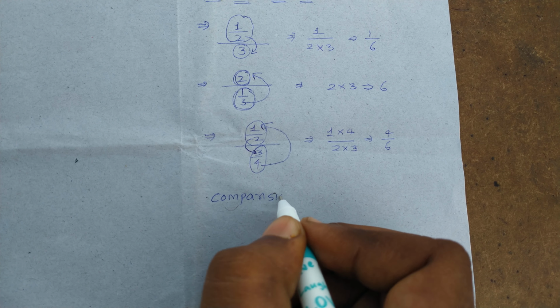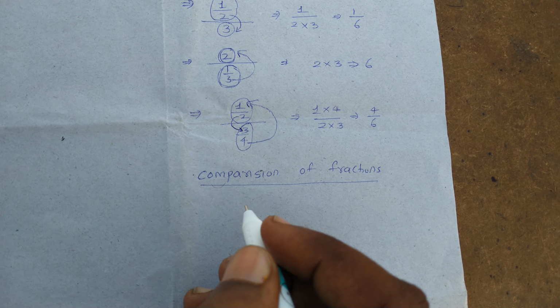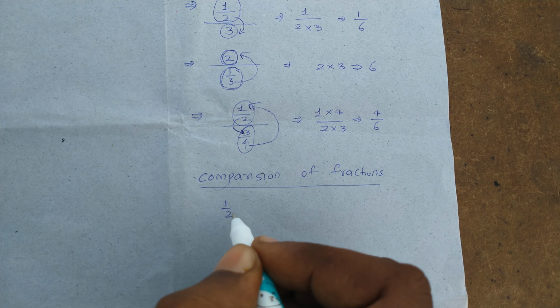Okay, now we are going to see comparison of fractions. If we want to compare two fractions, suppose we have 1 by 2 comma 3 by 4. I want to see whether these two fractions are equal or not.